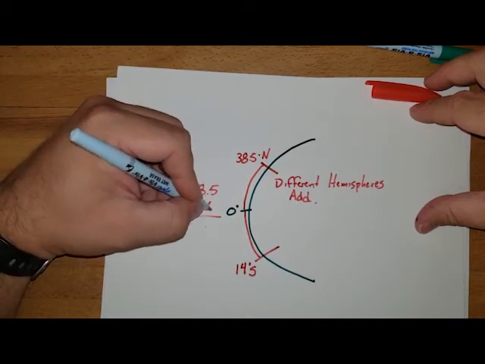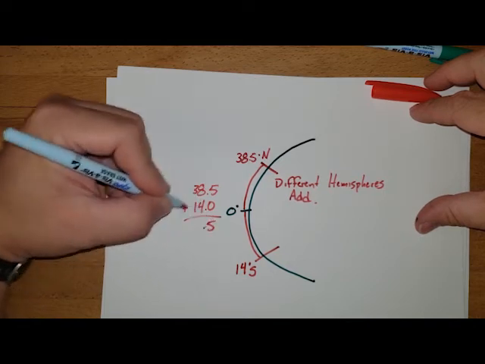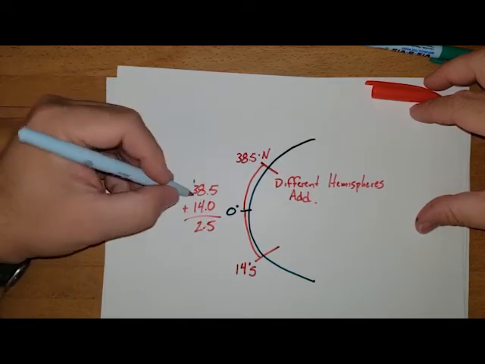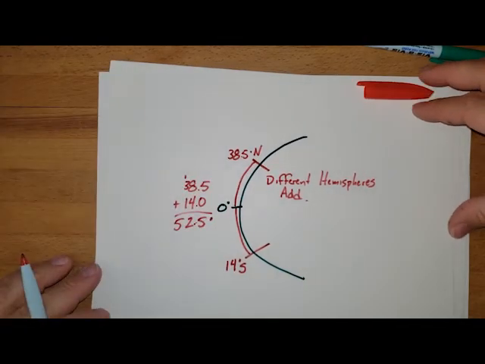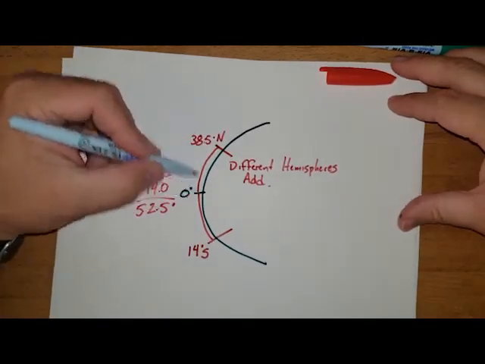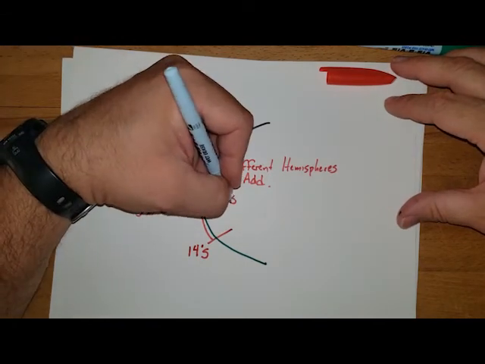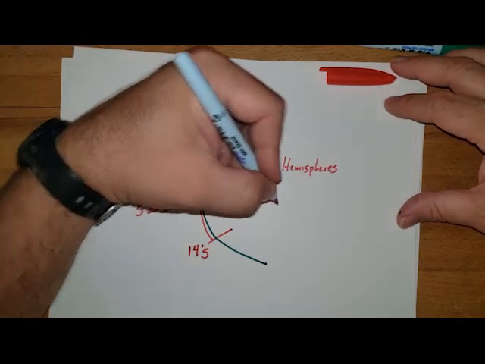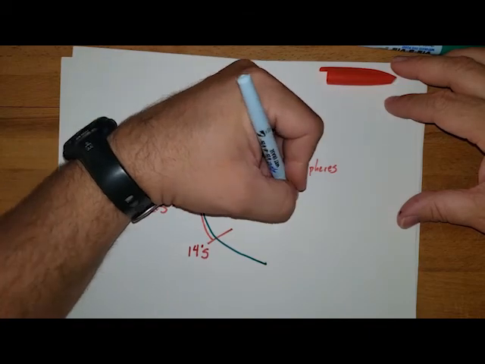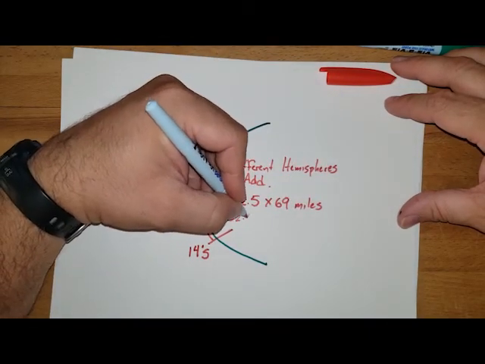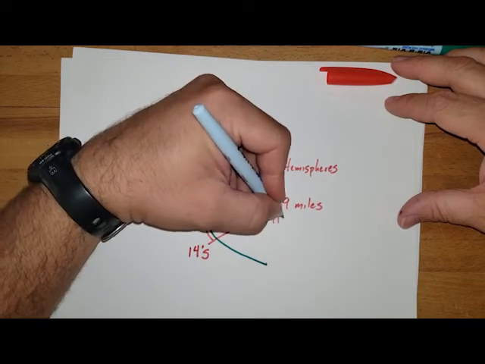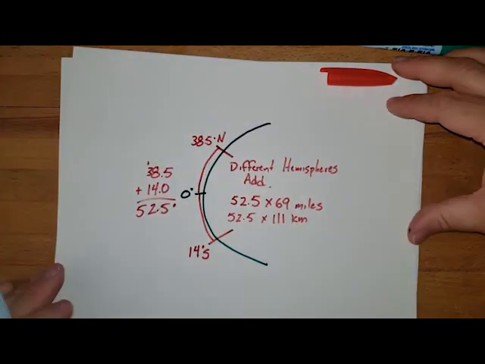That gives me 52.5 degrees. To figure out how far that is in real world distance, I take 52.5 times 69 miles and 52.5 times 111 kilometers.